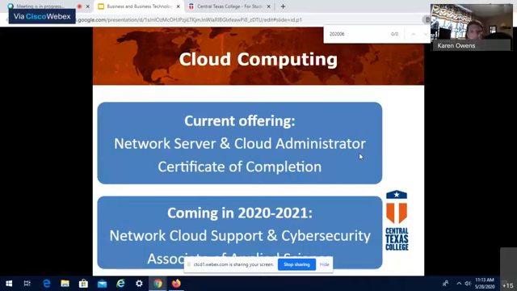We're able to do this using a combination of several different technologies to make sure it is seamless. So we have 5 key characteristics: on-demand self-service, broad network access, resource pooling, rapid expansion, and measured service.